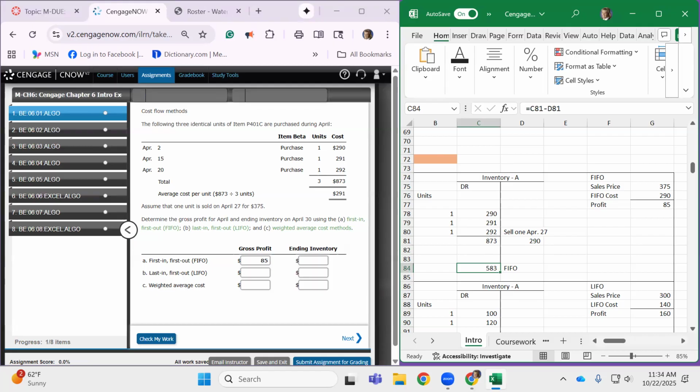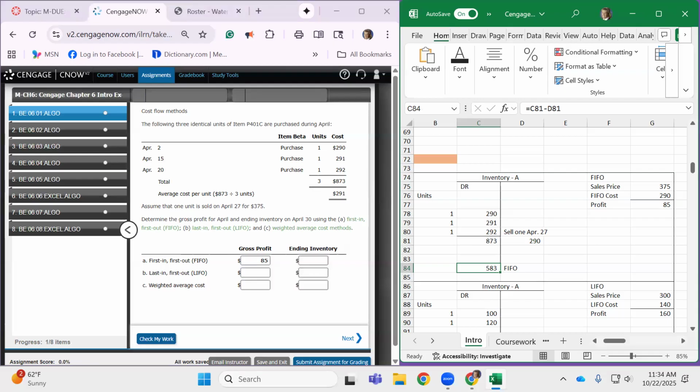So there's no beginning balance. We bought one, and one, so we had 3 in total. We're going to sell one. Because this is FIFO, the first one here is $290, so that's the cost of what we're going to sell. Altogether, we had $873 available, ready to be sold, which is 3 items.